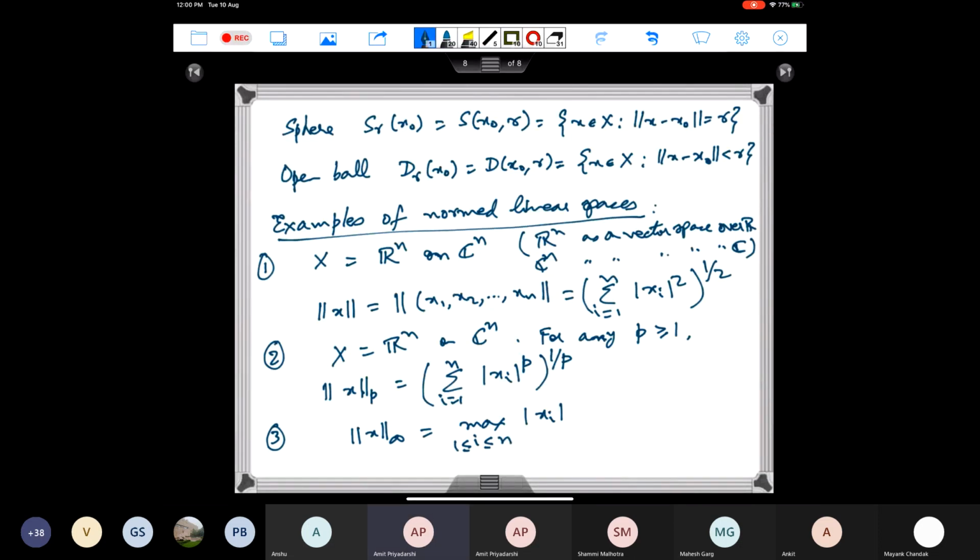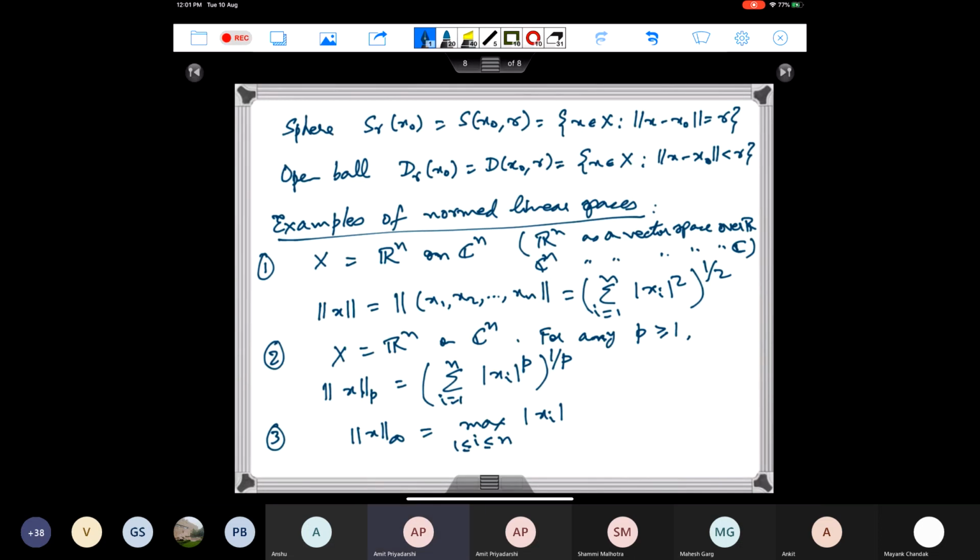In metric spaces also you might have seen that other than the Euclidean metric, you can define the p metric or the infinity metric by these things. So these all define norms on this space. Let me stop here.